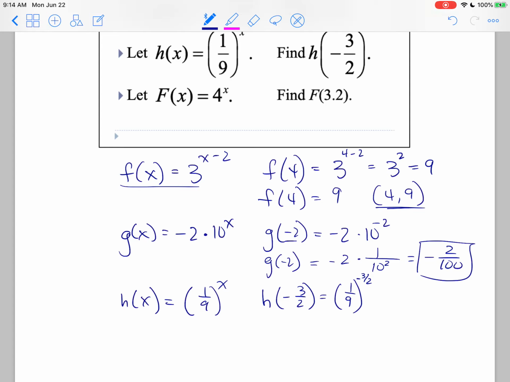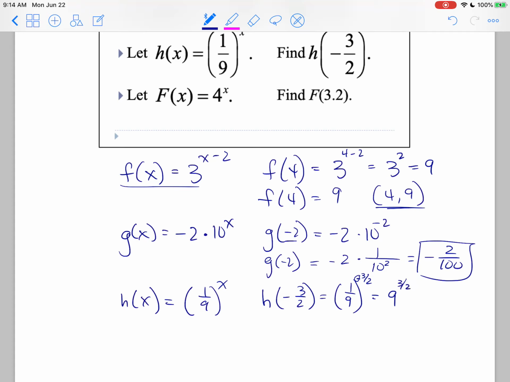And so first let's deal with the negative that's out in front. That negative is telling me that the base should have the reciprocal taken. So the base is not correct. This is really 1 over 1/9, which is 1 divided by 1 divided by 9, which is just 9. So this is really 9 to the 3/2.